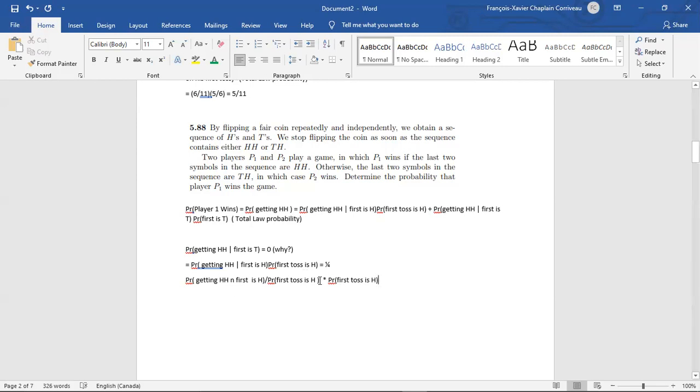Right? So this is the definition of conditional probability, but I'm multiplying by what I'm dividing here. So this cancels out, so I'm only left with this probability. And this probability, like you said, is just the probability of getting head-head.